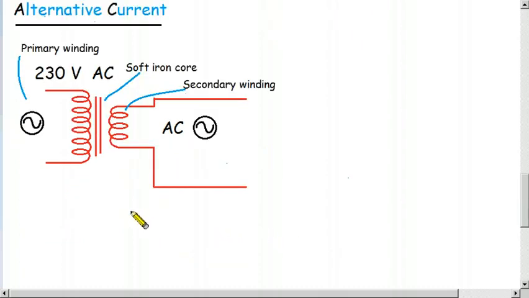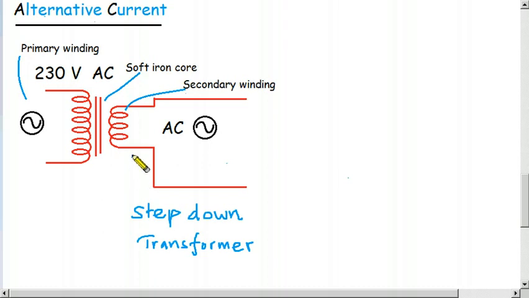When we reduce the voltage, we call it a step down transformer. When we increase the voltage, we call it a step up transformer. It depends on the number of turns in the secondary winding, actually the ratio.